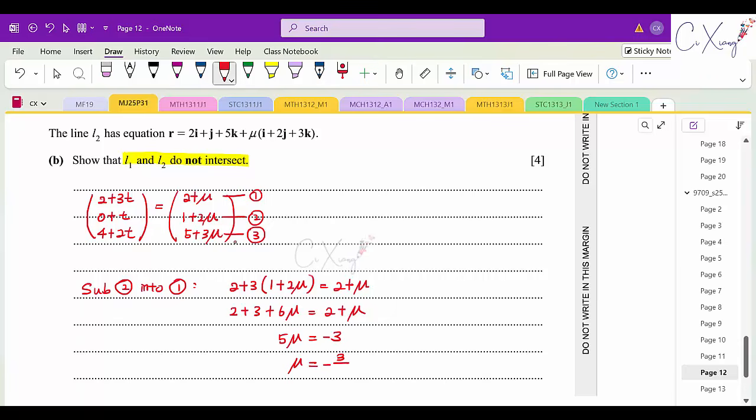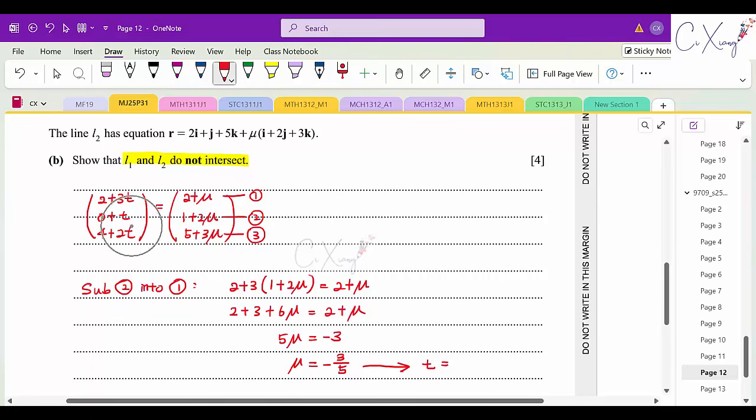I also want to get the value of t at the same time, so I substitute it back into the first equation. t equals 1 plus 2 mu, so I have 1 plus 2 times mu, where mu is negative 3 over 5. From here, I get my value of t, which is negative 1 over 5.